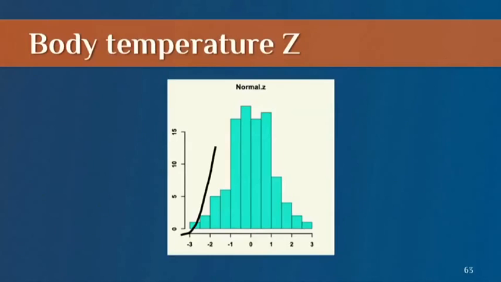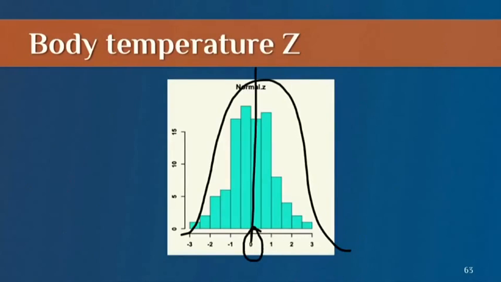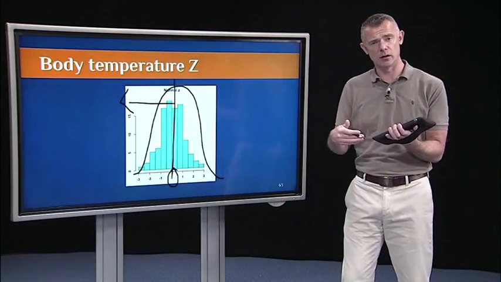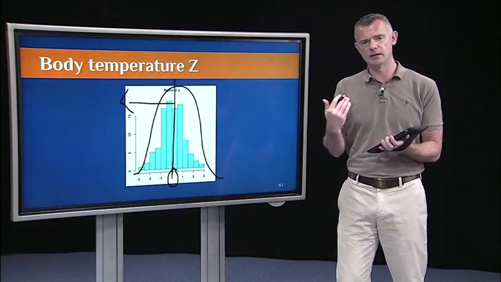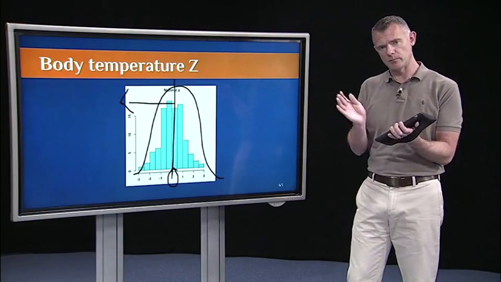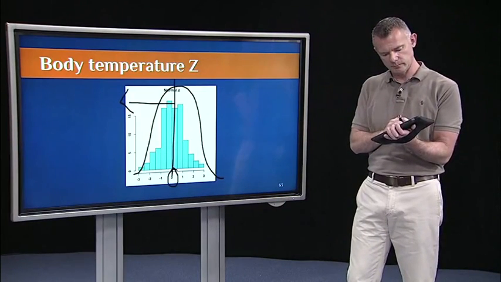If I have a nice normal distribution, I've converted it to z, so the mean is 0, then below that score is going to be 50% of the distribution. In other words, the percentile rank of a z of 0, or 98.6 degrees Fahrenheit, is 50%. 50% of the distribution falls below the mean.